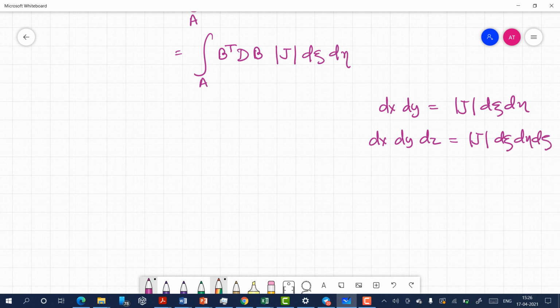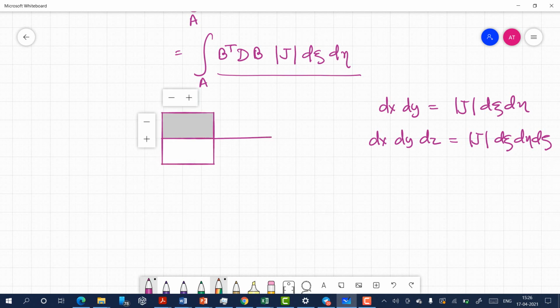So now I have to do the integration of B matrix transpose D B matrix in an element along the local coordinate values of zeta going from -1 to +1 and eta going from -1 to +1.